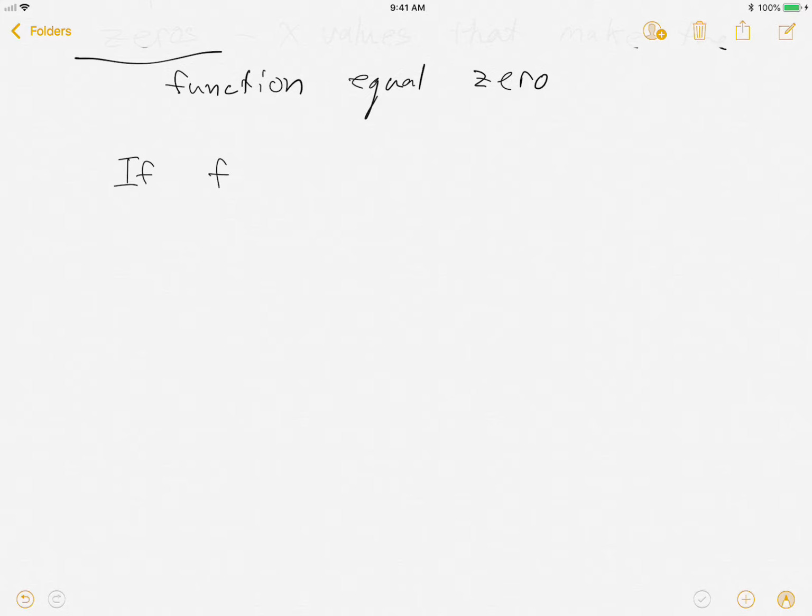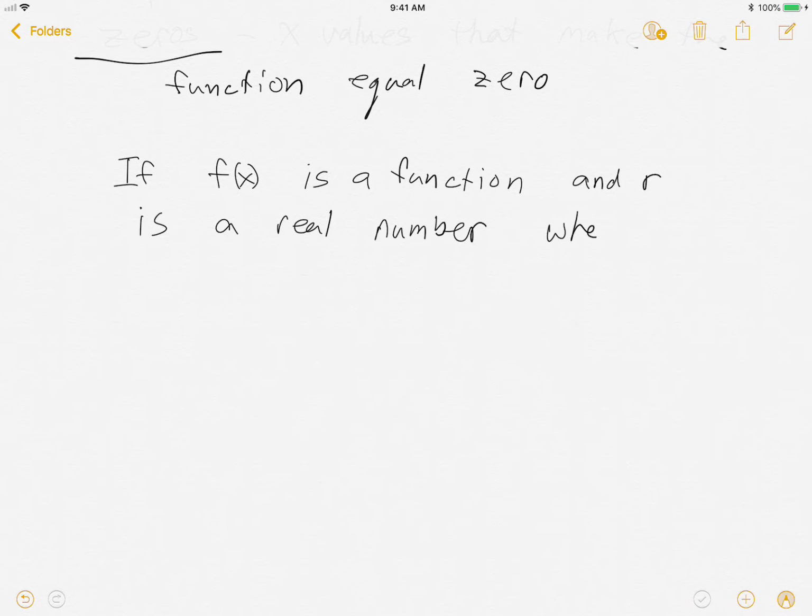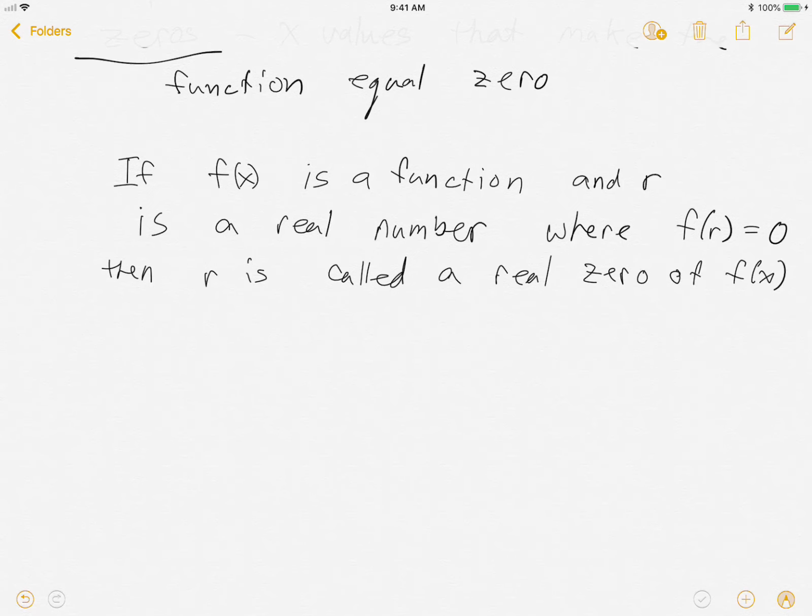If f of x is a function, and r is a real number where f of r equals 0, then r is called a real 0 of f of x.